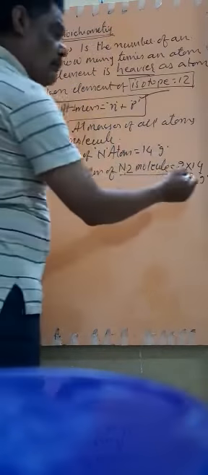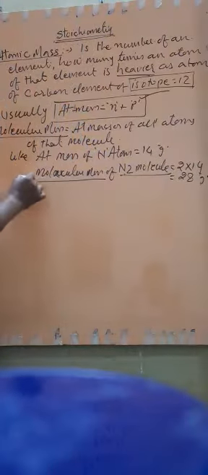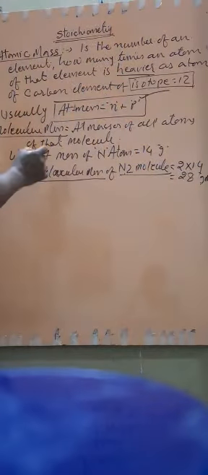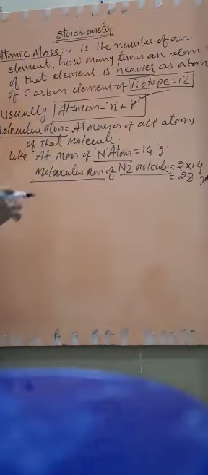This is called molar mass, given in gram per mole. The molecular mass is given per mole, so 28 gram per mole. Are you getting? This is about the atomic mass of the nitrogen atom or nitrogen element.